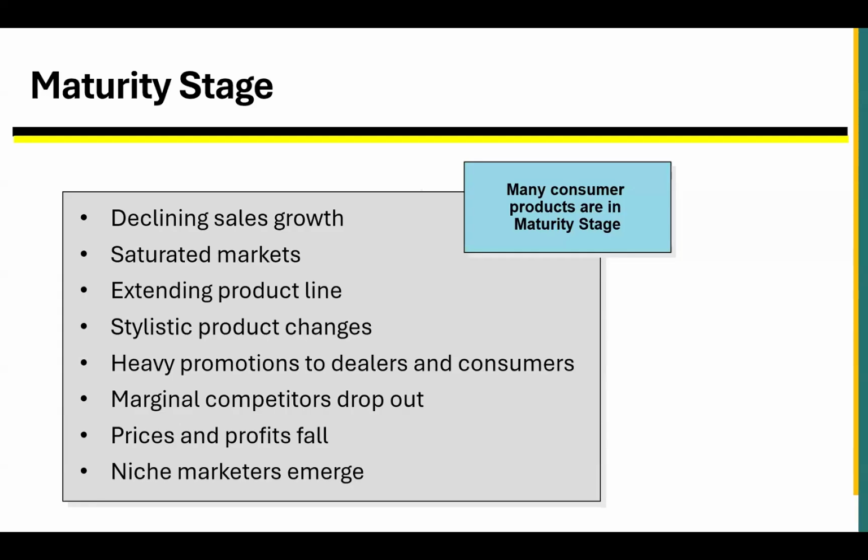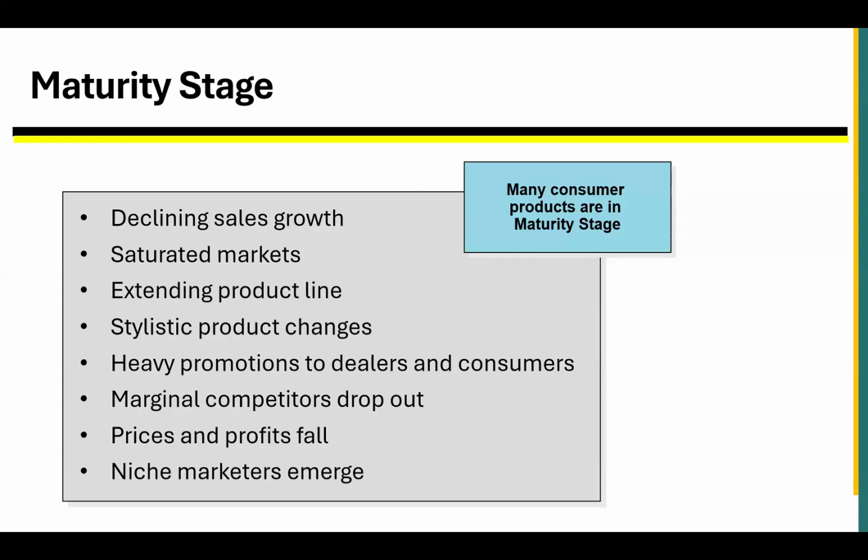This is the maturity stage where most of the time you won't get newcomers, right? Competitors also know there is no point in going and playing in this category or industry because it's not generating profit now. So those are some of the features, right?